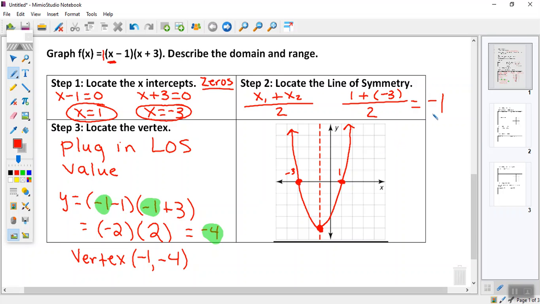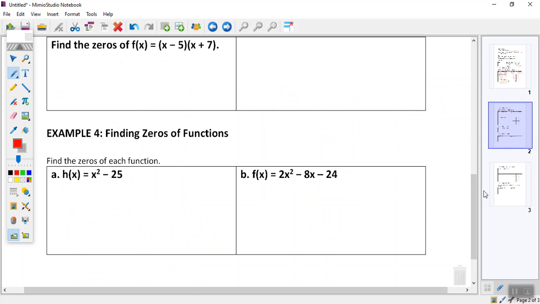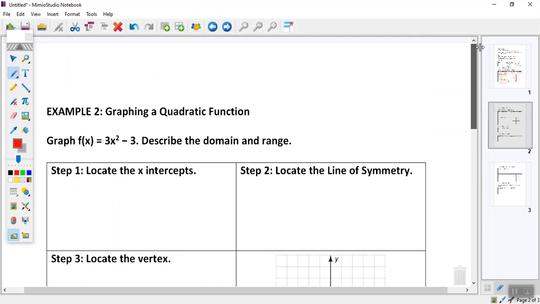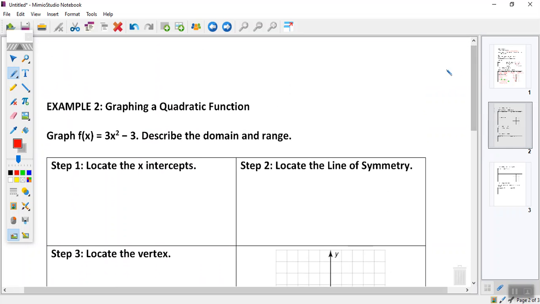All right, well, let's see what's on the next page here, kids. This is a little different. It says graph 3x squared minus what, kids? 3. I don't know if I typed that in right or not. I need to double check.